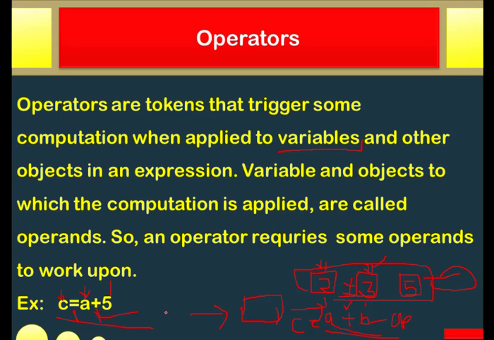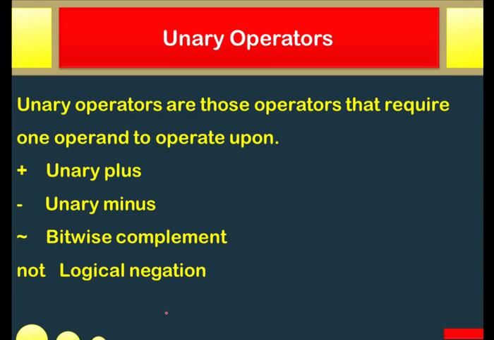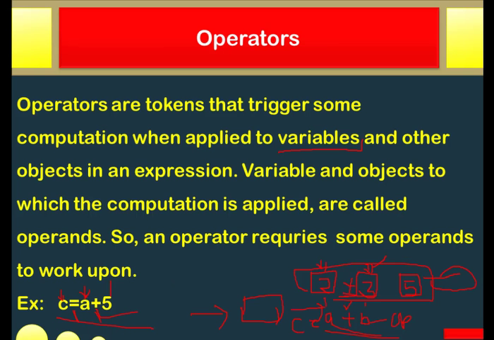There are different types of operators that are used in Python. We are going to learn a little bit here, because this has been given in detail later in the next chapter. So here we are just going to learn in brief. Unary operator: unary means one. Unary operators are those operators that require one operand to operate upon. In the last slide we saw there were at least two operands, one a and one 5.